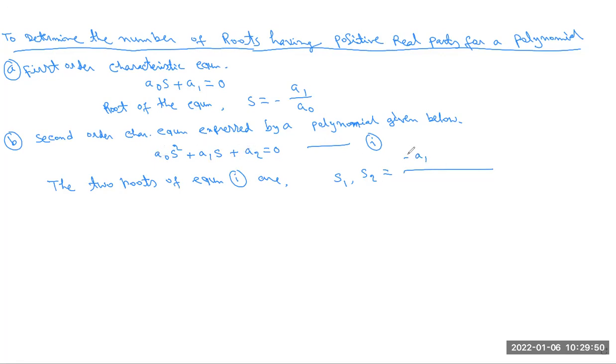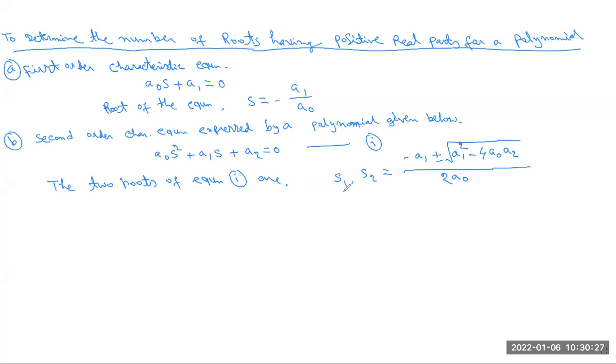So b square means a1 square, minus 4 into a, which is a0 in our equation, and c means a2, divided by 2a, where a means a0.